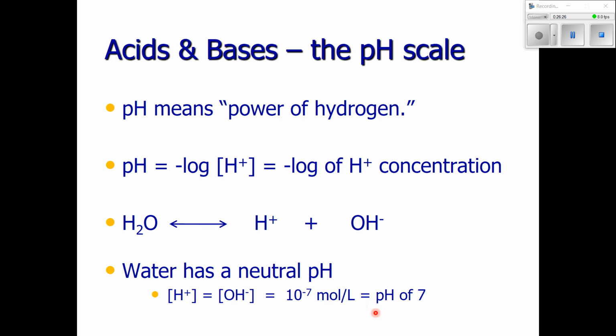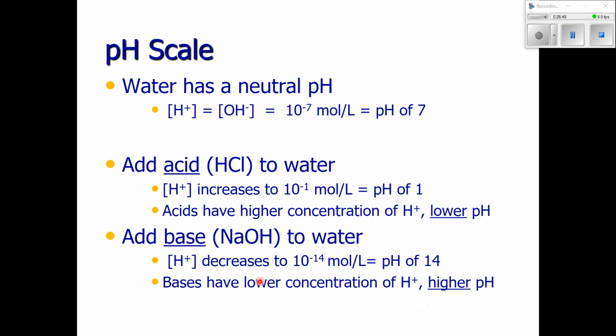The other point that I want to make here without getting really into the math, because I know people's eyes just glaze over when you start talking about taking the negative log of a number. What the heck does that even mean? For now, suffice it to say that the pH of water is 7. That is considered to be a perfectly neutral pH. Okay.